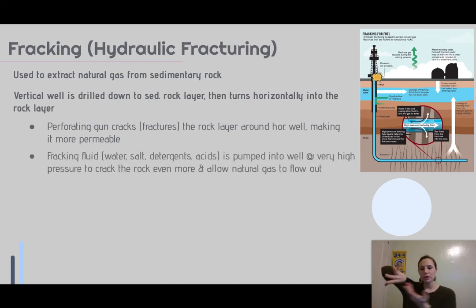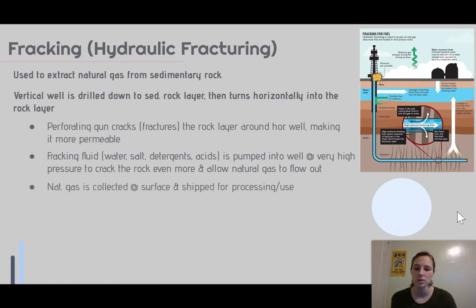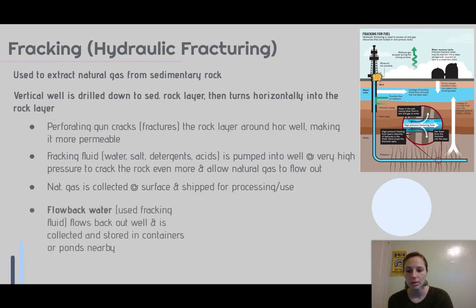You're then going to push fracking fluid, which has water, salts, and detergents and acids. It's pumped into the well at really high pressures, which continues to crack this rock even more. And then it releases the natural gas and allows it to flow out. The natural gas is then collected up at the surface, and it is shipped to places where it can be processed so that it's in a usable form.